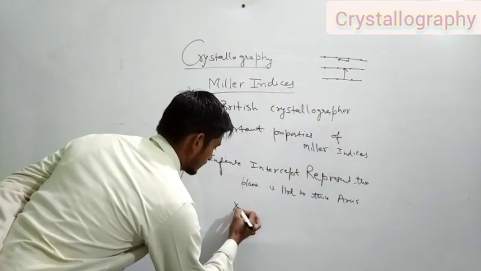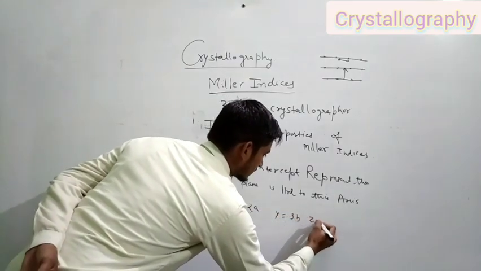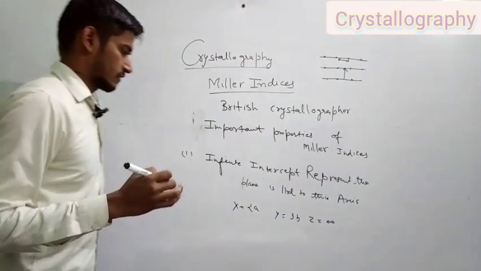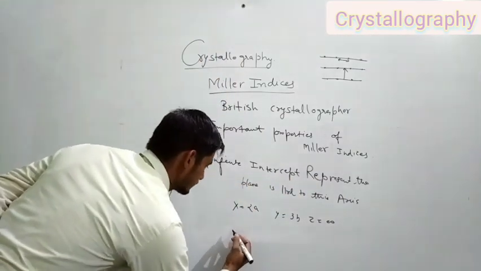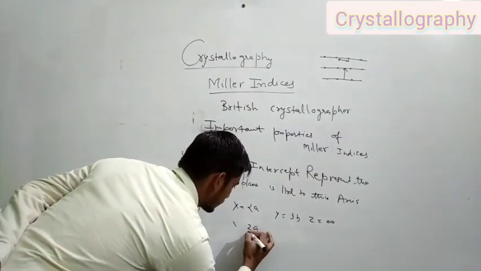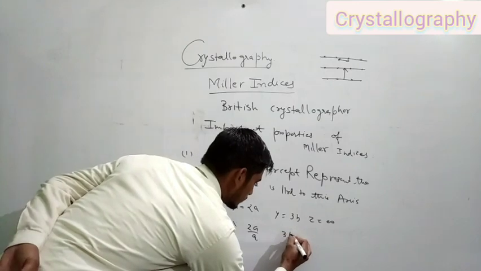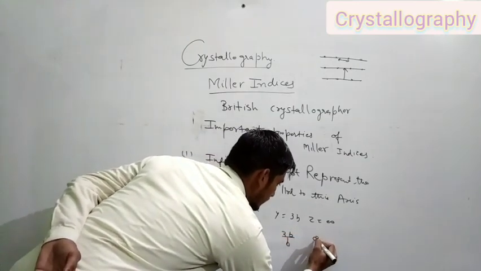For example, X is equal to 2a, y is equal to 3b, and z is equal to infinite. If we change to Miller indices: 2a over a, 3b over b, and infinite over c.